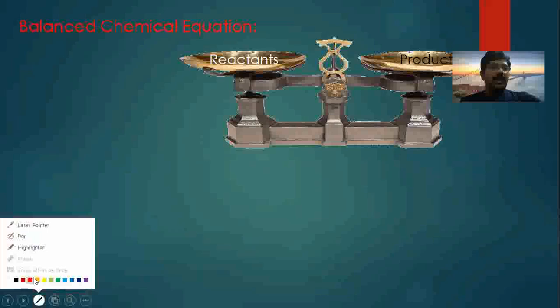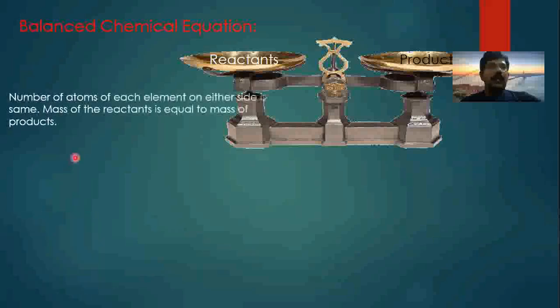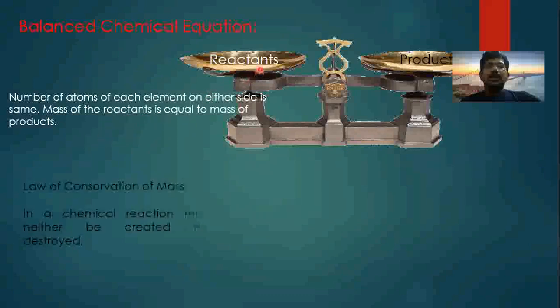Then we say that the equation is balanced. So the number of atoms of each element on either side is the same, or the mass of the reactants is equal to the mass of the products.